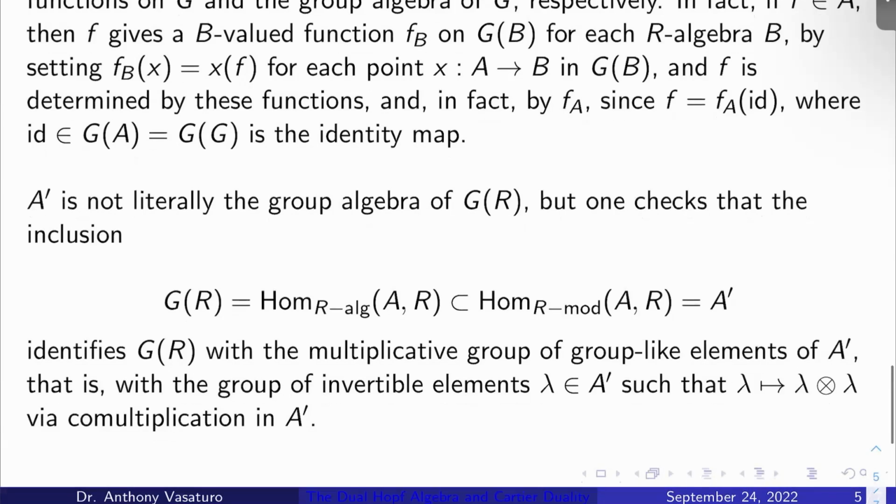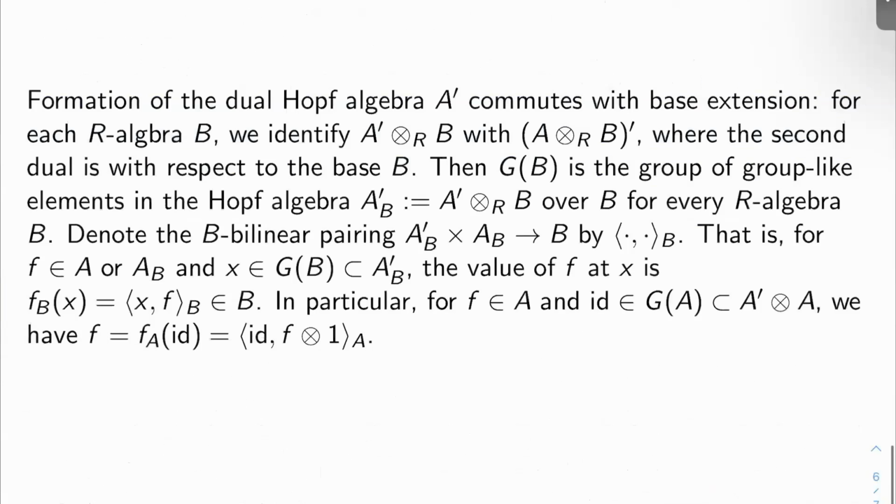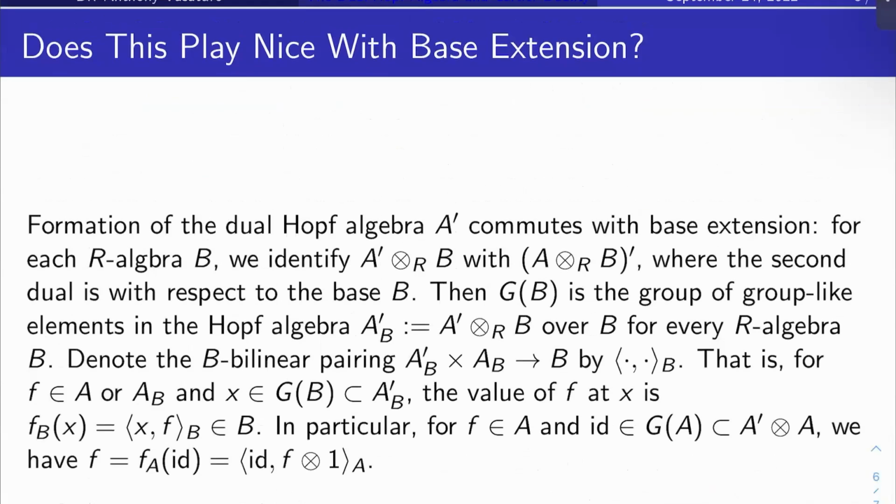Okay, the last thing I want to say for today is, does this whole concept play nice with base extension? Yeah, formation of the dual Hopf algebra A prime does commute with base extension. What I mean by that is, for each R-algebra B, we can identify A prime tensor over R B with A tensor B over R, all prime, as we talked about on the first slide today.